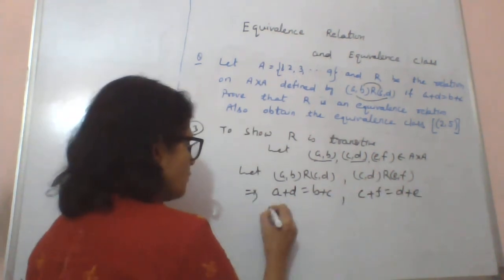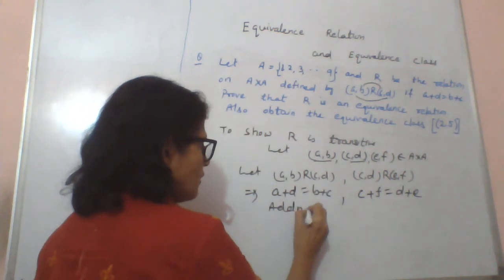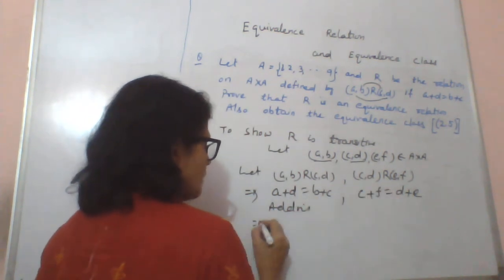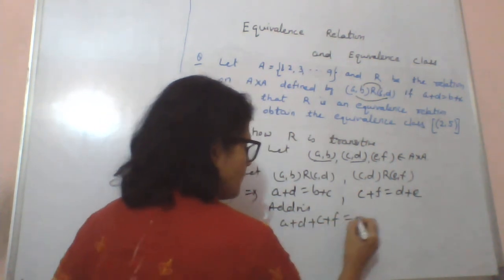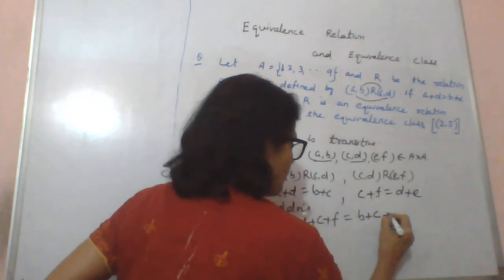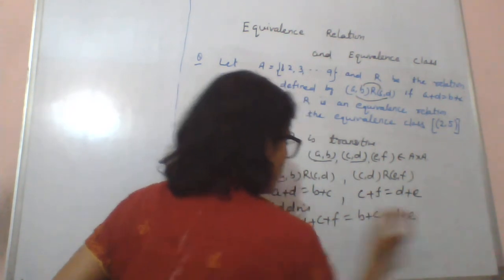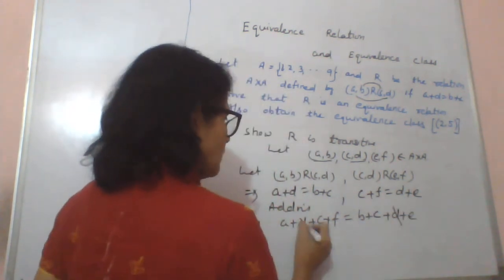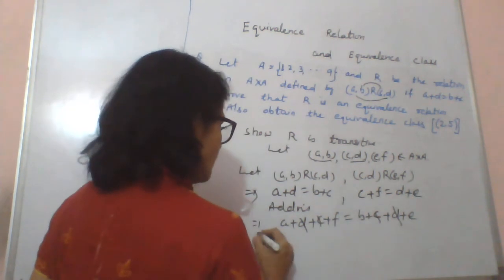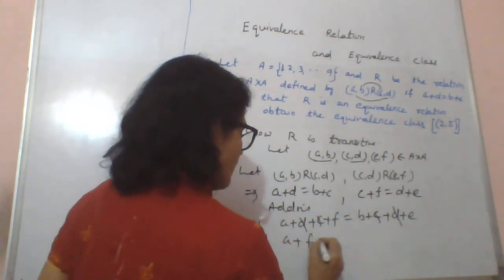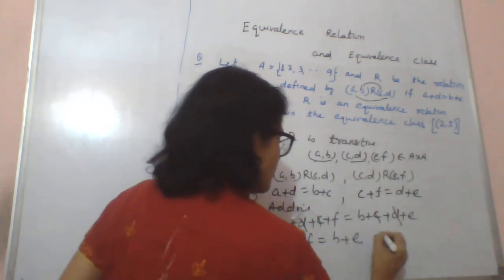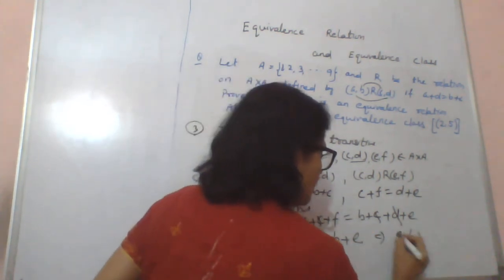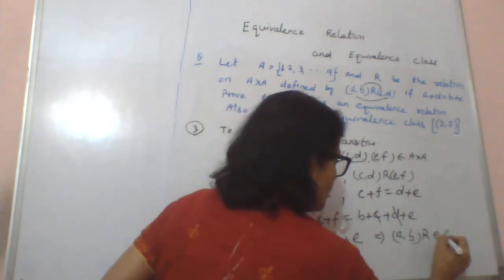We have to relate (A, B) and (E, F). Now adding the two, if I add this and this, this implies A plus D plus C plus F equals B plus C plus D plus E. Now here D cancelled, C cancelled, A plus F equals B plus E, which gives us (A, B) R (E, F).